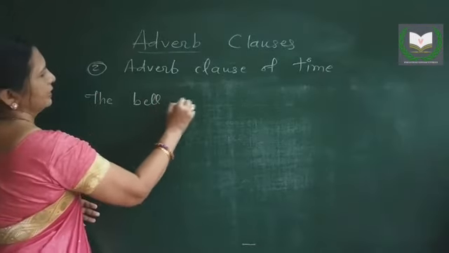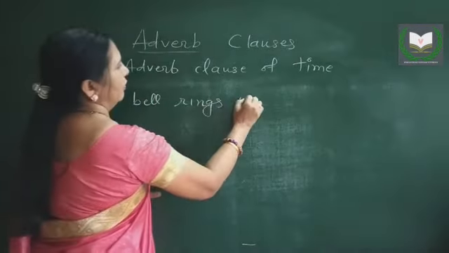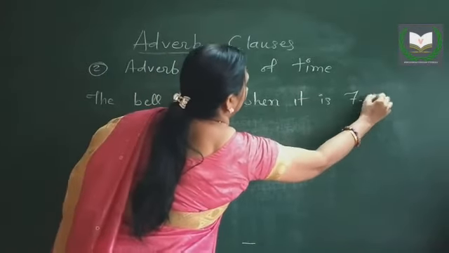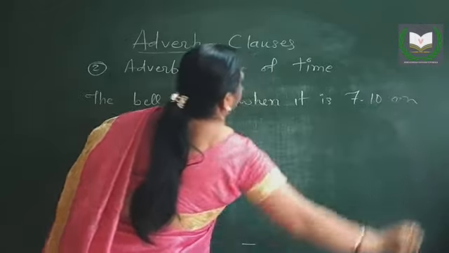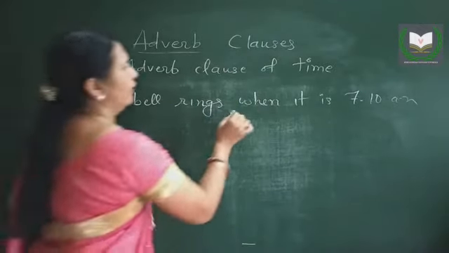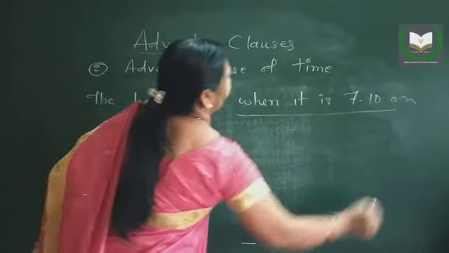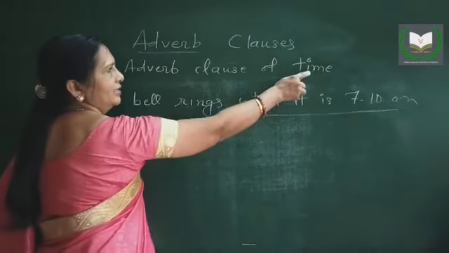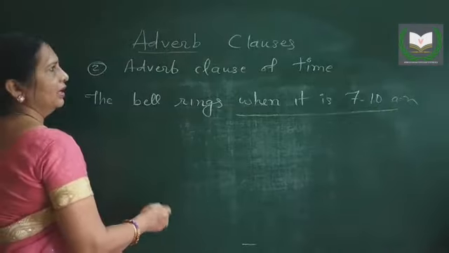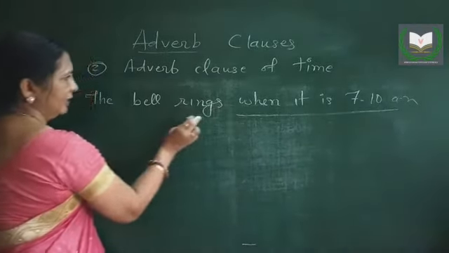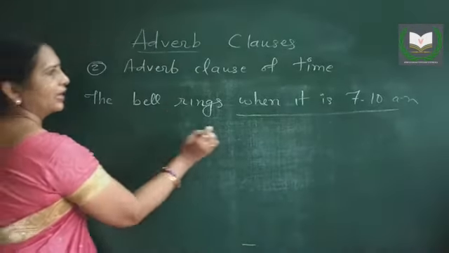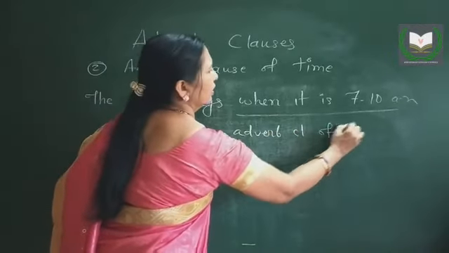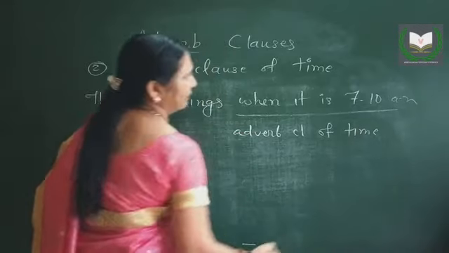The bell rings when it is 7:10 a.m. So when it is 7:10, what does this indicate? It indicates time. So this is the main clause, the bell rings, and this is the adverb clause of time.